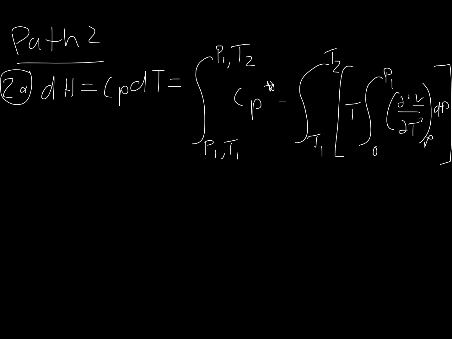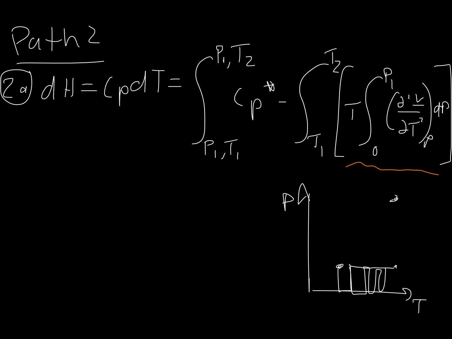Because in essence, what we're doing here is if we draw this out again on our PT plot, going from here to here, as we move along this path, we're basically having to do the same thing we were doing anyway. But for every point in space, we have to go down, over, up, down, over, up, because we have to know how the pressure affects our heat capacity at every point along the way. So this section here is effectively calculating all of these moving up here.